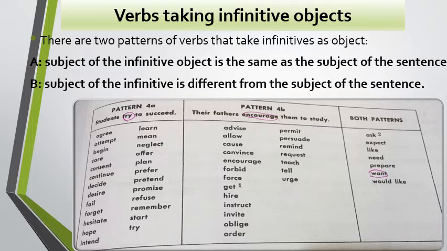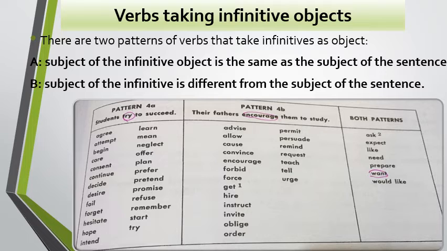For example, their father encouraged them. Them is the subject of the infinitive, encouraged them to study. And this group of verbs has a subject of its own and a subject for the infinitive itself.